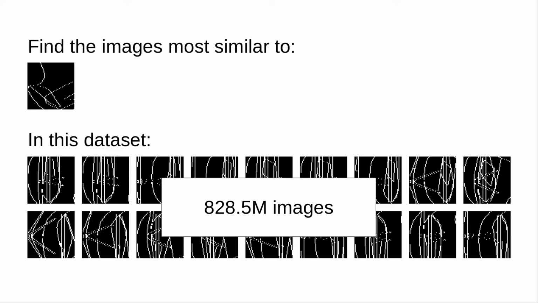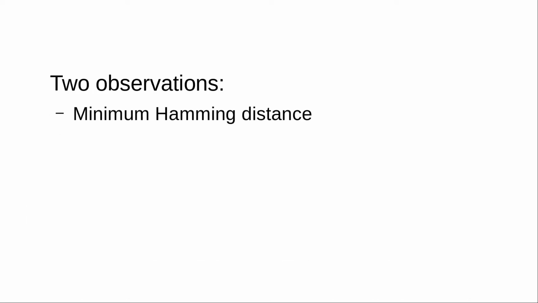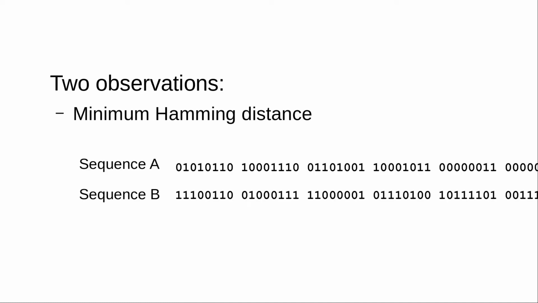We'll get into how this tree works in a moment, but first we need to make two observations underlying the design of the tree. The first one relates to being able to compute a minimum Hamming distance between two bit sequences. For example, let's consider these two bit sequences with random bits.